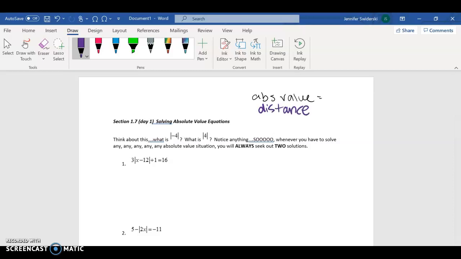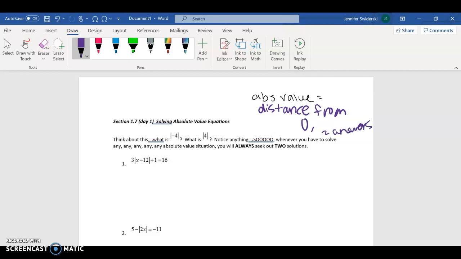All right, we're measuring distance, and distance is always positive. Okay, so really what we're doing here is looking for two different answers. So on your notes, what I want you to put is that we're looking for how far away it is from zero, distance from zero, and we're going to have two answers.